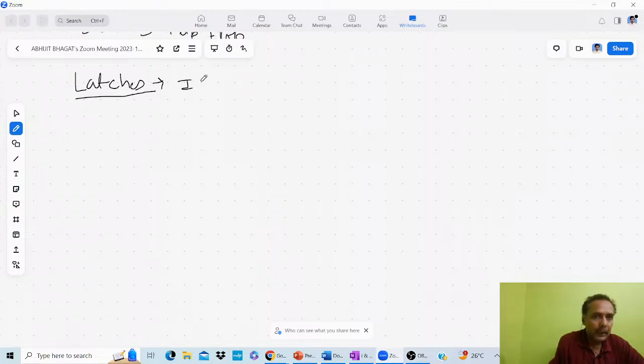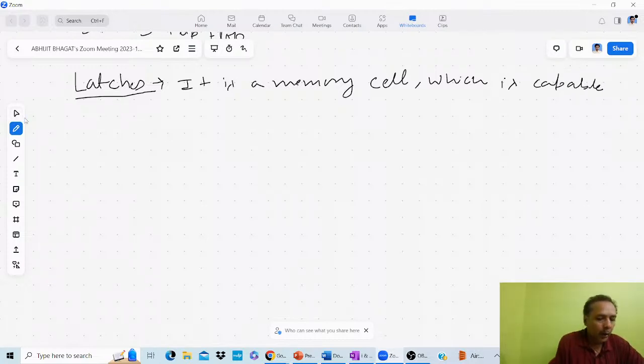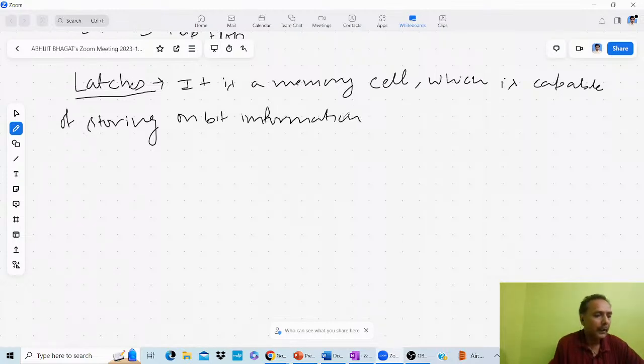You can note down: a memory cell which is capable of storing 1 bit of information, that is logic 0 or 1.